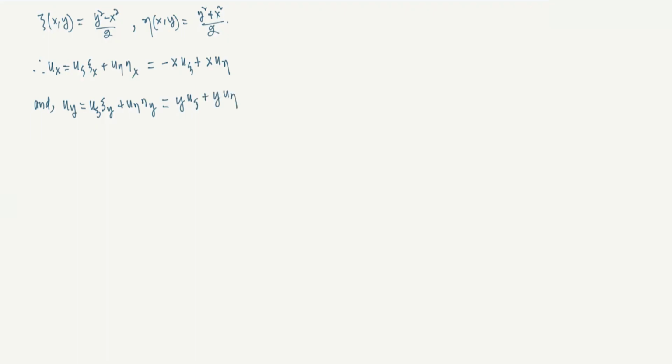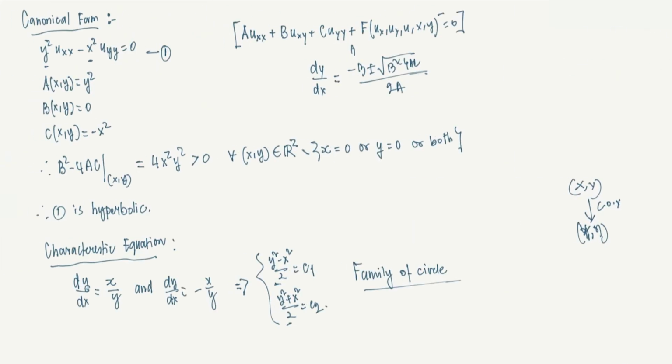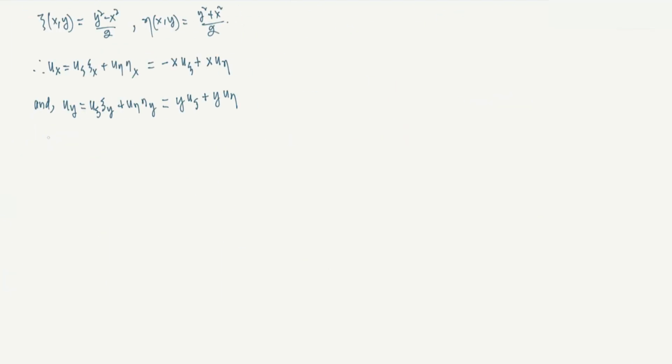Then you also have to find uxx. Here there is no point of finding uxy, because I just have to find uxx, uyy and put it in our equation. So what is uxx? It is ux with respect to x.